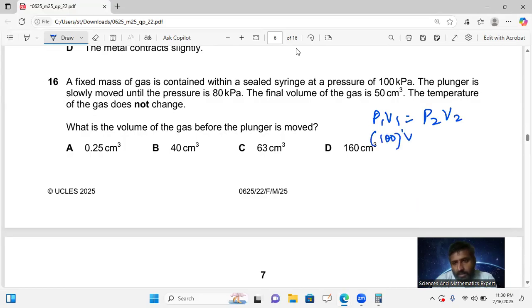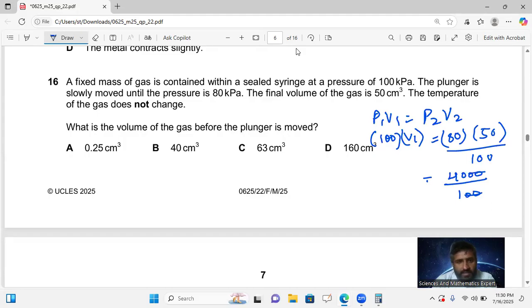P2 is 80 and V2 is 50. So I'm taking 100 down. So 8 times 5 is 40 with 2 zeros over 100. So the 2 zeros cancel. That is 40 cm cube. So option B is right.